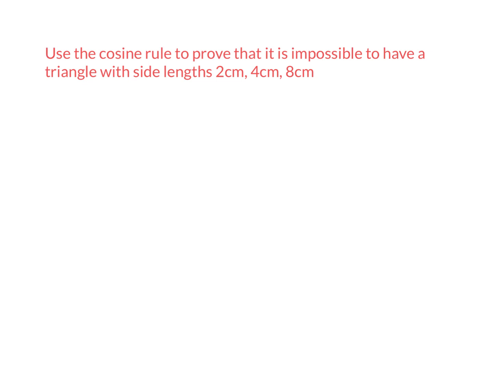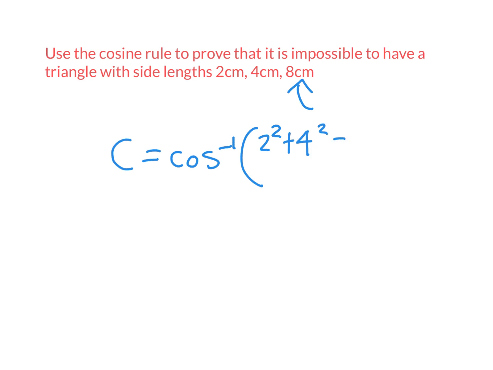So let's try and find the largest angle of this triangle, which would mean the angle opposite this side here. Using the cosine rule, C would be the cos inverse of, so a and b would be 2 and 4. And when using the cosine rule to find an angle, the one we subtract is always opposite the one we want to find. And then on the bottom would be 2ab.